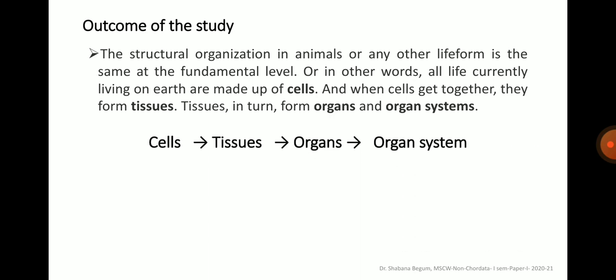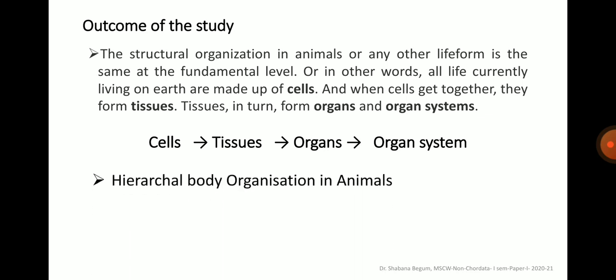So here the hierarchical organization can be seen from cells. When cells are joined together, they form tissues, tissues in turn form organs, and a group of organs in turn forms the organ system. So this is called the hierarchical body organization in animals.